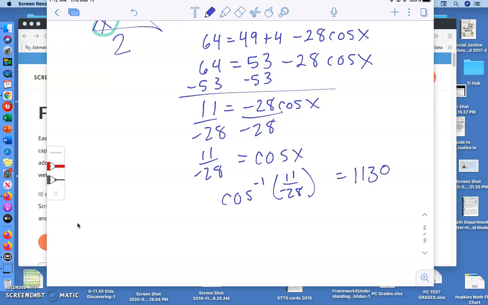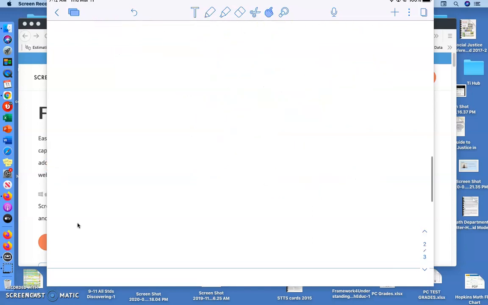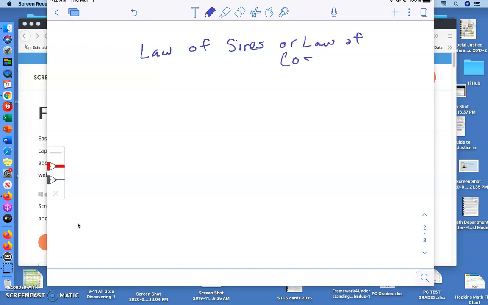So the next thing I'm going to do is put up some triangles and we're going to see if we can decide between, is it law of sines or law of cosines? And we're not going to solve these. We're just going to try the setup. So I'm going to put 4 triangles here.